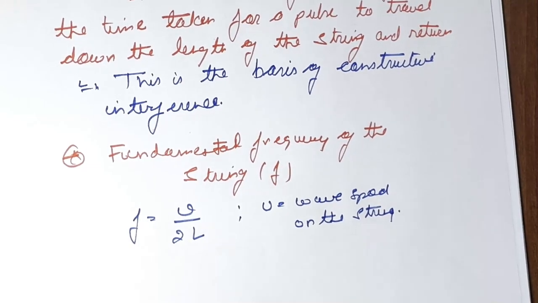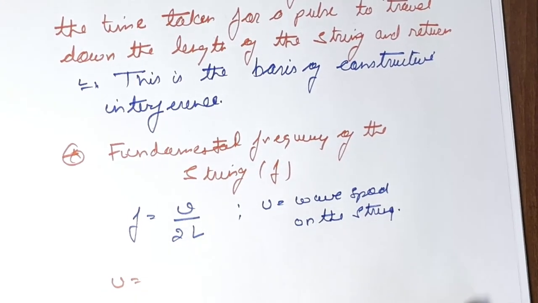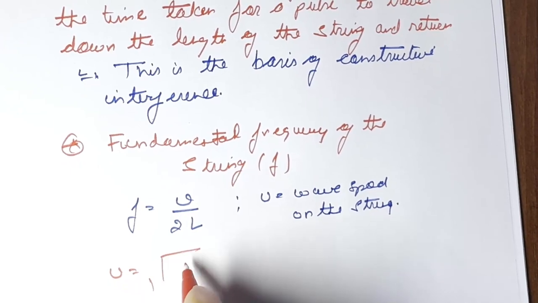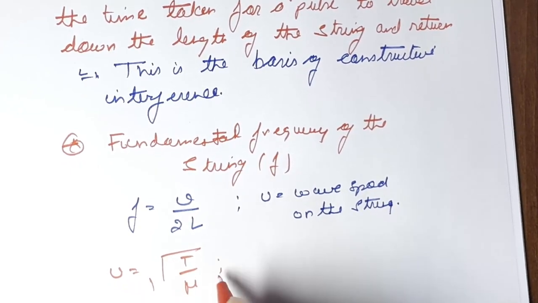And this v is given as the square root of T divided by mu.